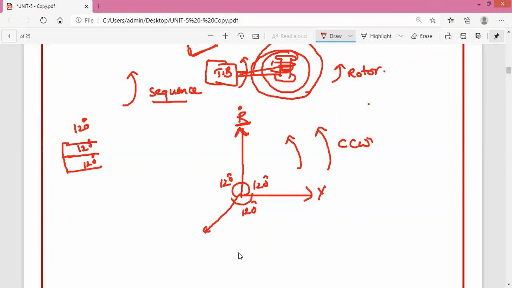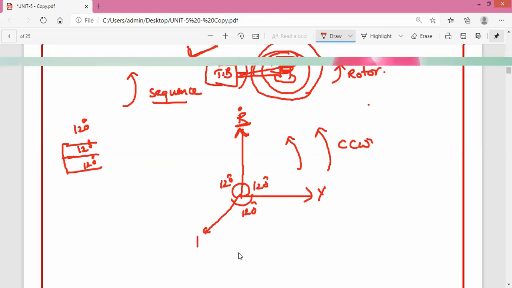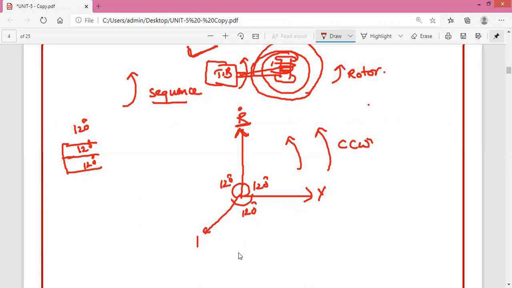After another 120 degrees, I observe the B phase, obtained after 240 degrees. So how can I note down my phases when the rotor rotates counterclockwise? First I observed the R phase, then the Y phase, then the B phase, again R, again Y, again B, and R. Like that the phase sequence will be obtained.